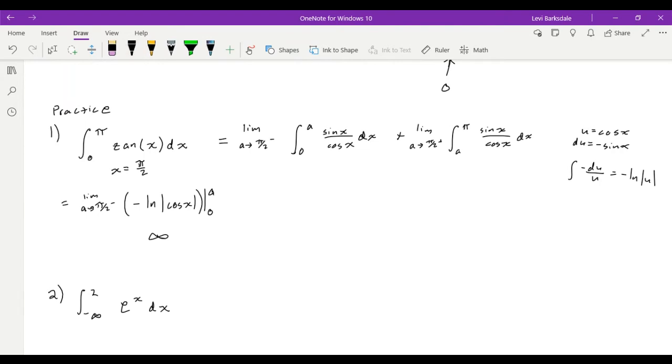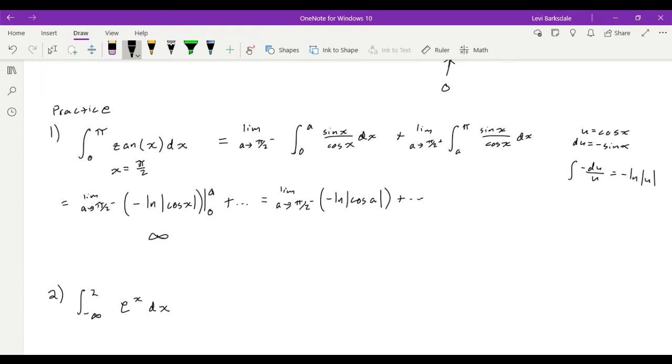And just to show that I've left some stuff out, I'll put plus dot dot dot, but that is equivalent to the limit as a goes to pi over 2 on the negative side of negative natural log of cosine of a. That's once again some other stuff.